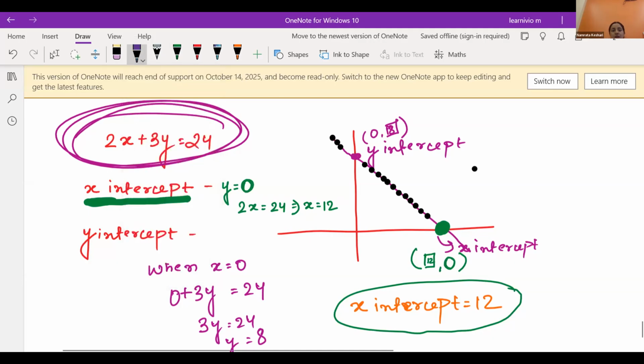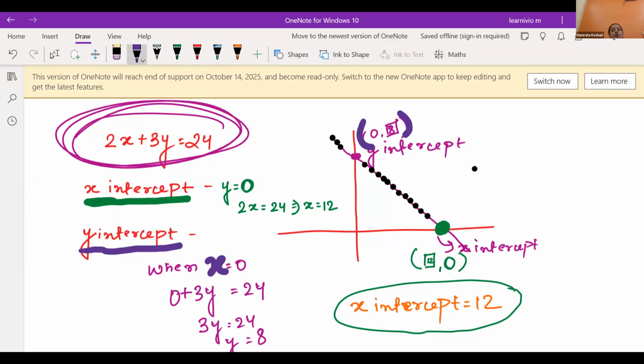Yes, ma'am. Okay, now we find the y-intercept, with the understanding that y-intercept means the graph is intersecting the y-axis at a point. That point's coordinate we want to find. We don't know how to find the coordinate. We have taken x as 0, because on the y-axis, y can be positive, y can be negative, y can be any number, but we know x will be 0.